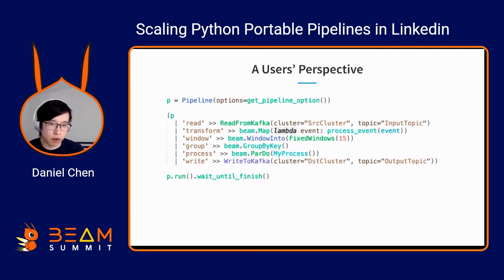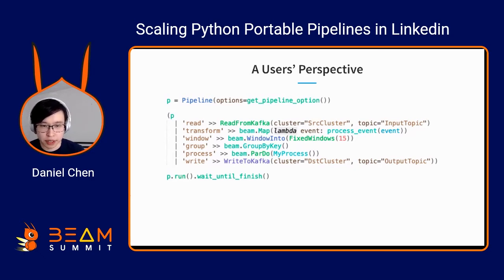So for the transforms that I mentioned earlier, the read from Kafka would be transformed into a Kafka system consumer for the Samza side. An important thing to note here is that for Kafka, all the I/O comes through Java and is passed to the Python process. I'll talk a little bit more about that later.